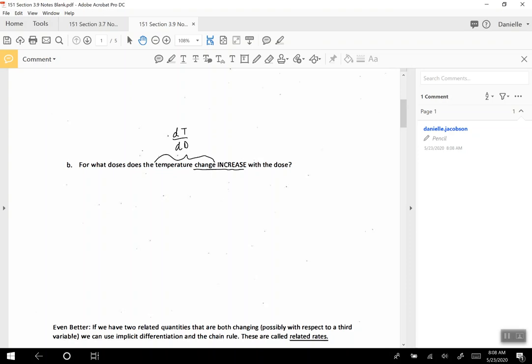So if a derivative is increasing or getting larger, we know that that really means it's positive. So what we're looking at is 3c over 2 times d squared minus 4/3 d cubed, and that's just dT/dd that I found before. I know I want this to be positive, so in math terms that would mean greater than 0.